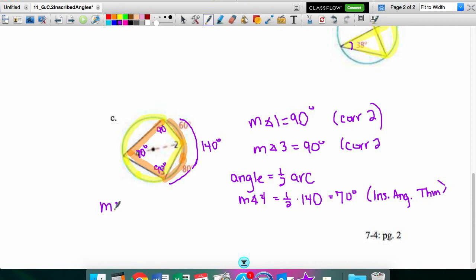So angle 2 will be equal to 180 degrees, take away the 70-degree angle that we already have, or in other words, 110 degrees. We used corollary 3 here in this part of the example. And there's inscribed angles and their relationships to their intercepted arcs.